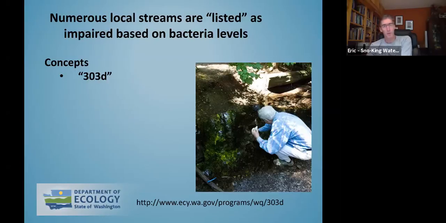It could be high temperature. So if somebody collects data, somebody thinks that a creek might have a pollution problem, they collect data that says, okay, the bacteria level is too high or the temperature level is too high, then they'll submit that data to the Department of Ecology, who add it to this 303D list. So if you want to look up which water bodies are polluted with different types of pollutants, you can search for 303D listings for the creek that you're concerned about.